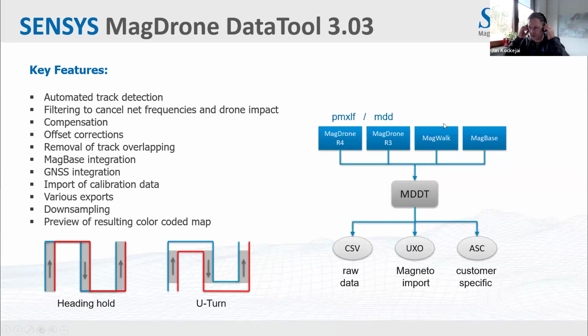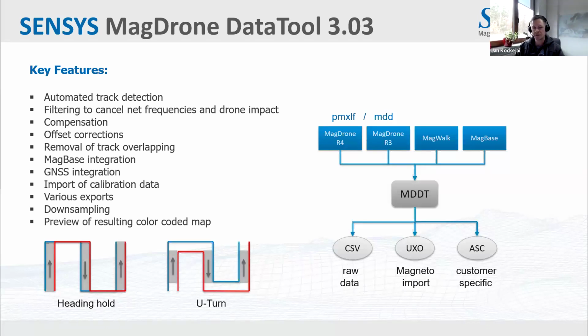So the MacDrone data tool is a tool for pre-processing of the raw data of all our MacDrone devices, MacDrone R4, but also MacDrone R3, as well as MacWalk and MacBase. All this data can be imported in the MacDrone data tool, and then you have 3 possibilities of export.